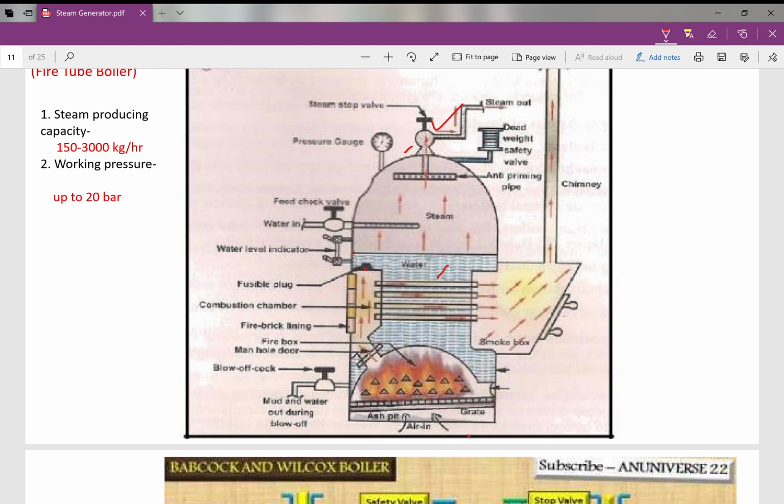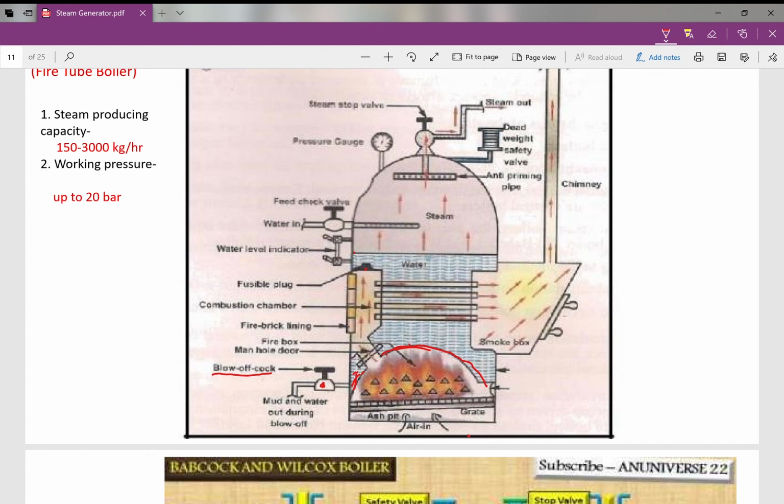So this is your diagram for a particular boiler. We call it a Cochran boiler. This is a fire tube boiler. So, the blow off cock. The blow off cock is here, right? This whole part up to here is your complete furnace.